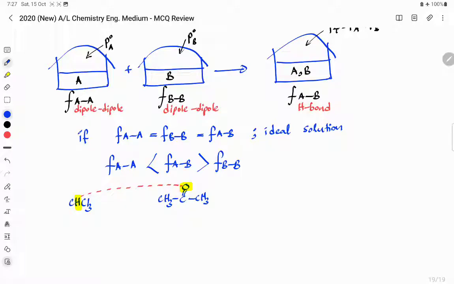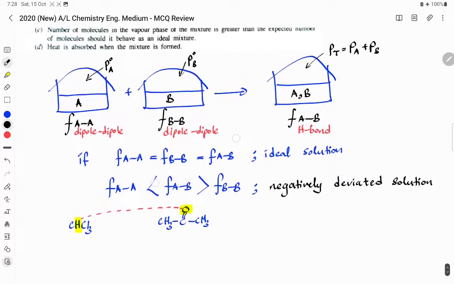A hydrogen bond is a stronger bond. When the newly formed interaction is stronger than in the initial pure liquids, it is called a negatively deviated solution.